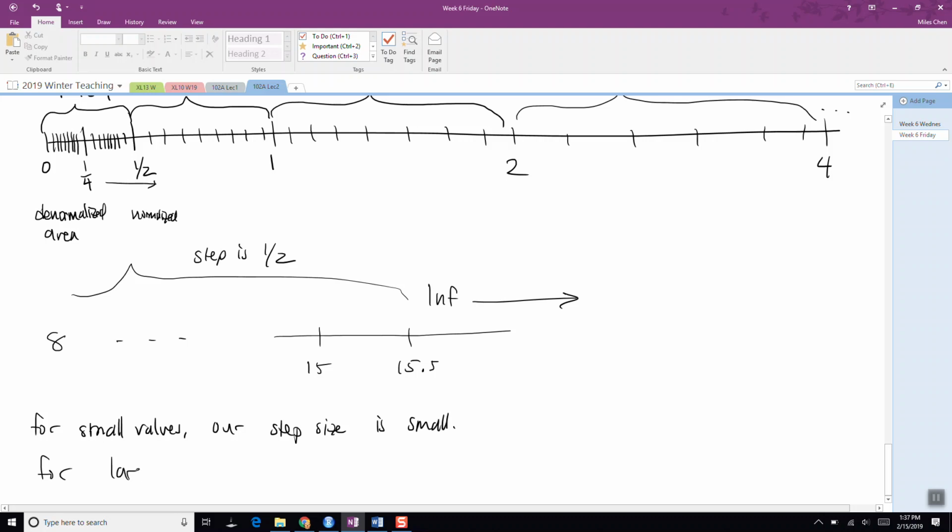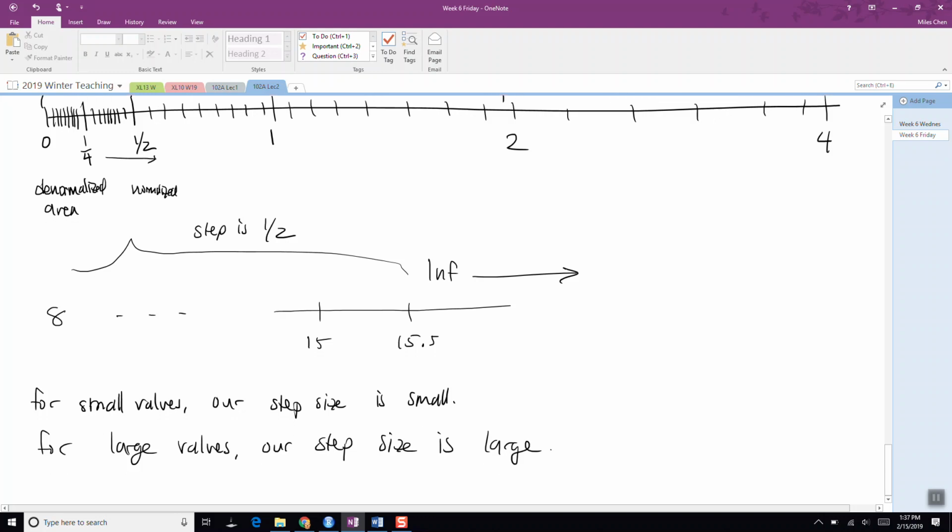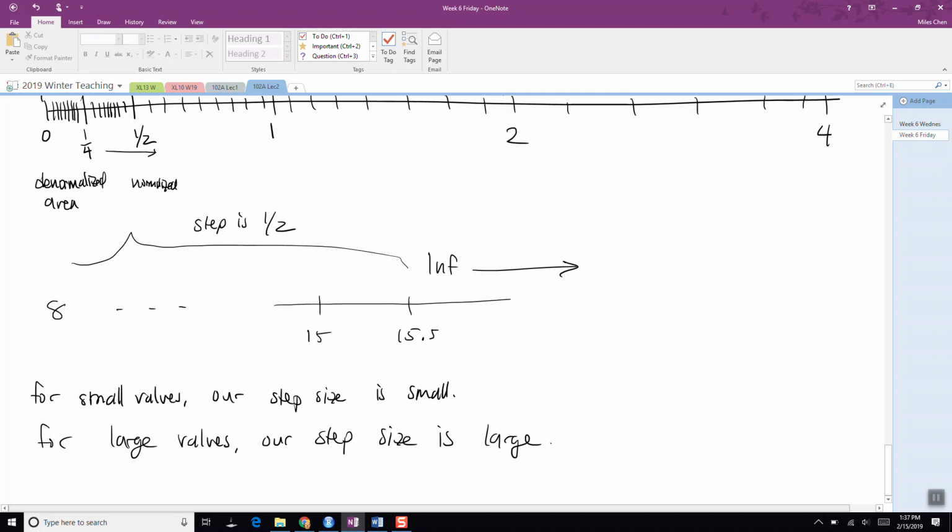Okay, and for large values, our step size is large. Okay, and we see an extreme version of this because I only have 8 bits to play with, but the same exact concept happens when we are dealing with 64-bit floating point precision, because we have only 64 bits to work with, and so in order to cover as much of the number line as possible, we give it lots of precision near 0, but as the numbers get bigger and bigger and bigger, our step size gets bigger and bigger and bigger.